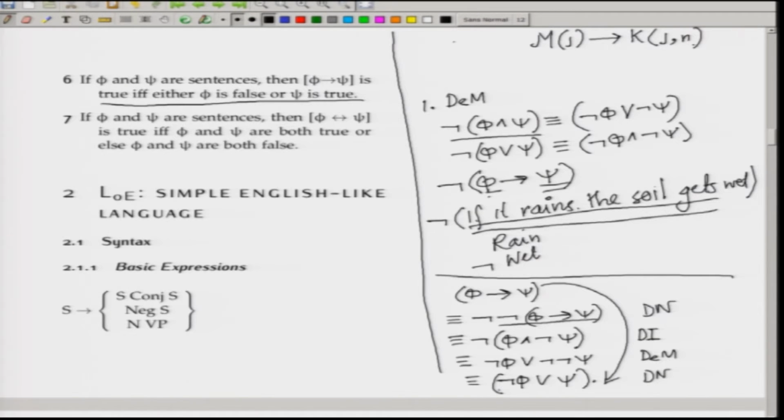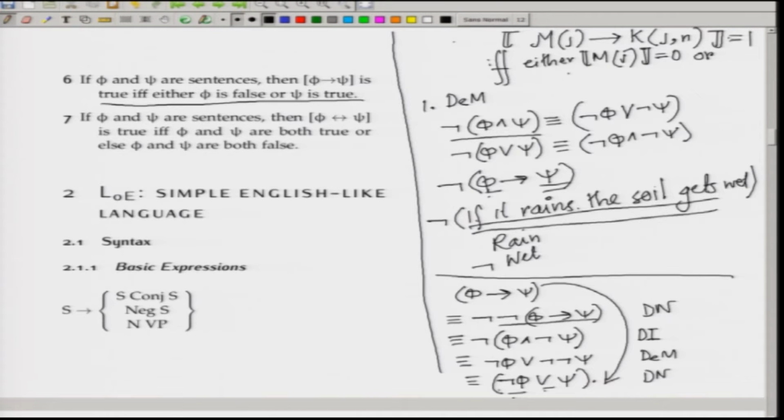This is our sentence. Now, what does it mean? This sentence will be true if and only if either neg phi is false, or now this is the or part, or xi is true.